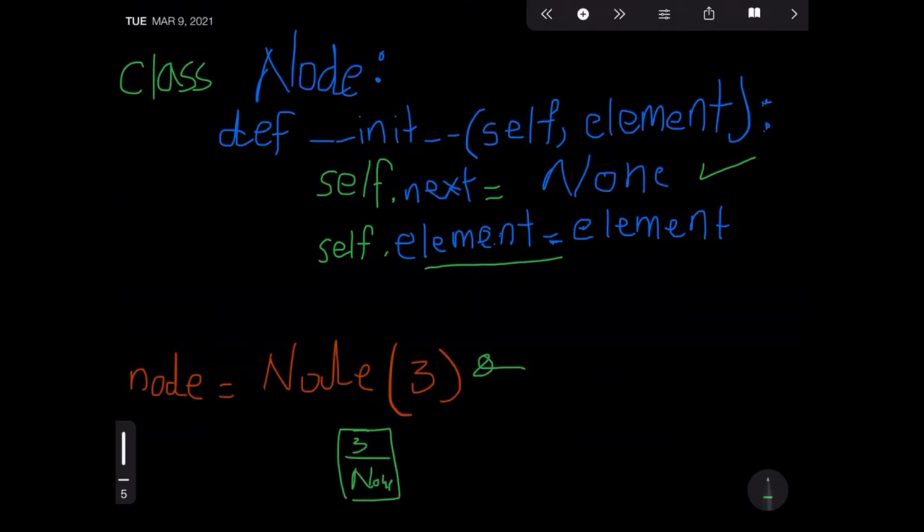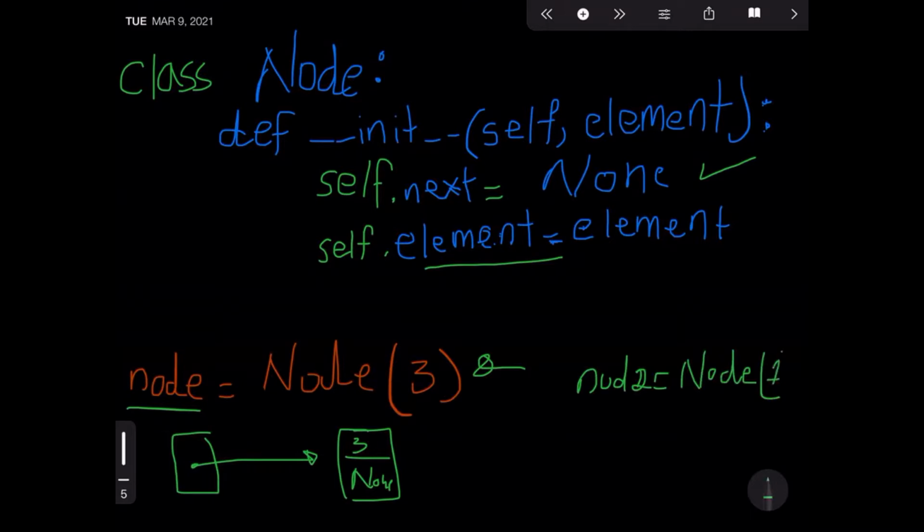And we have a pointer that is named node, which points to the node we just allocated. Now, if we want to allocate another node, we can say node 2 and then pass, let's say, 1 in here.